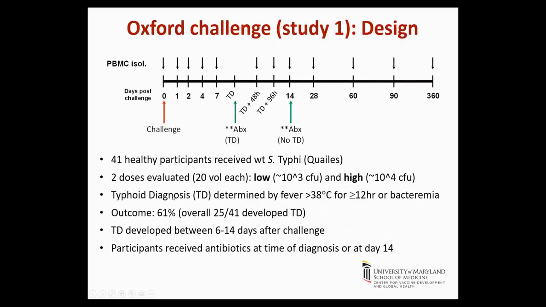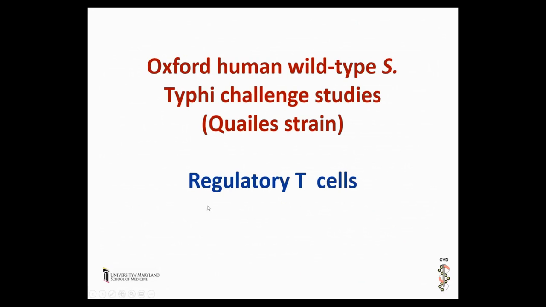And the approach was to compare the immune responses present in volunteers who developed typhoid fever and those volunteers who did not. By comparing and contrasting those responses, we can have a more educated understanding of what the immune responses in humans are that correlate with protection.